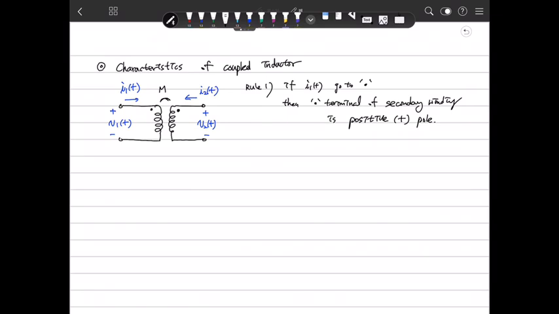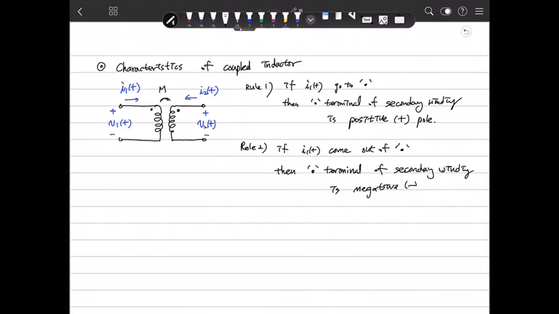And rule two, same thing: if I1(t) comes out of that, then the terminal of the secondary winding is the negative pole.